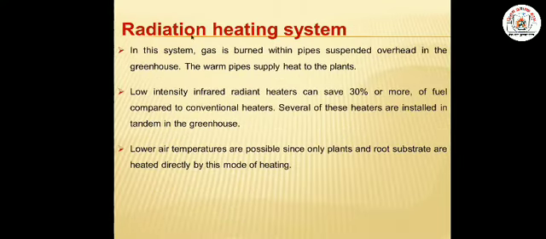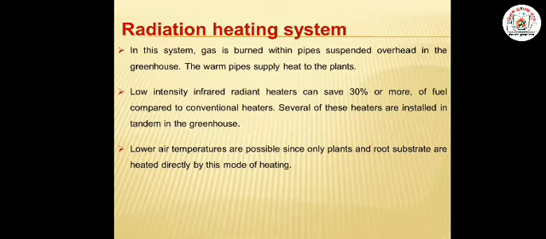Next one is the radiation heating system. In this system, a gas is burned within pipes suspended overhead in the greenhouse. The warm pipes supply the heat to the plants. Here, low intensity infrared radiation or radiant heaters can save about 30% or more of the fuel compared to conventional heaters.